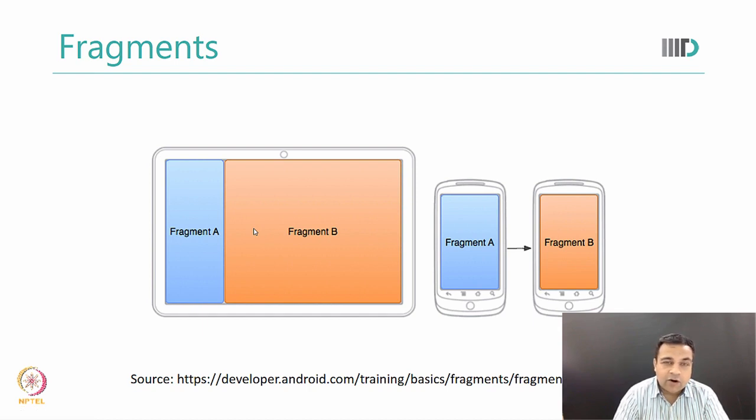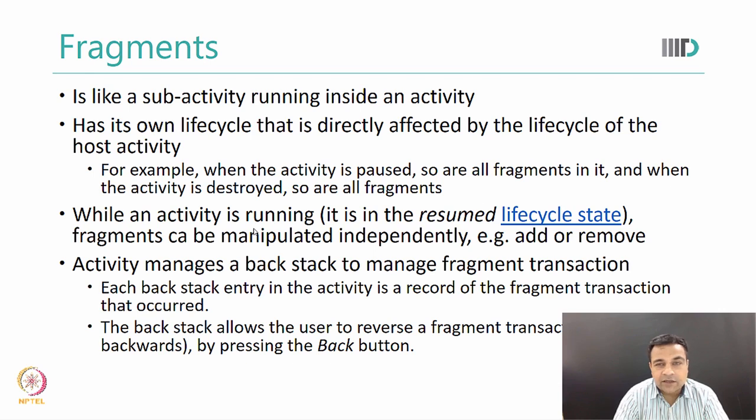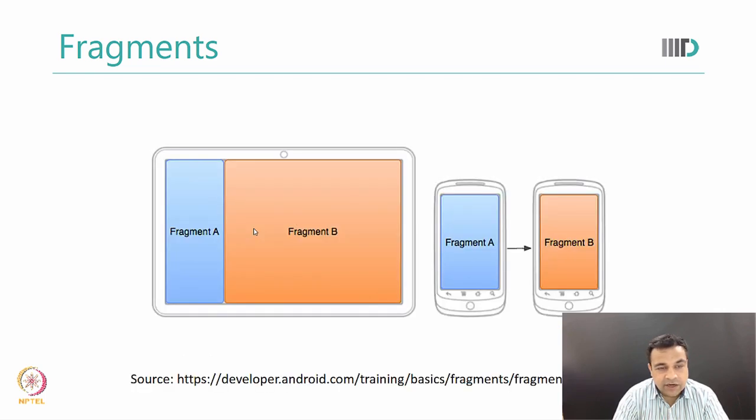So while we cannot show two activities as part of one activity, we can show two or more fragments as part of one single activity. So in a way, your fragment is actually like a sub-activity that is running inside an activity. So now you can see that this gives us a lot of freedom when we want to develop. Suppose our interface is different and we want to display small thumbnails of all the list items here.